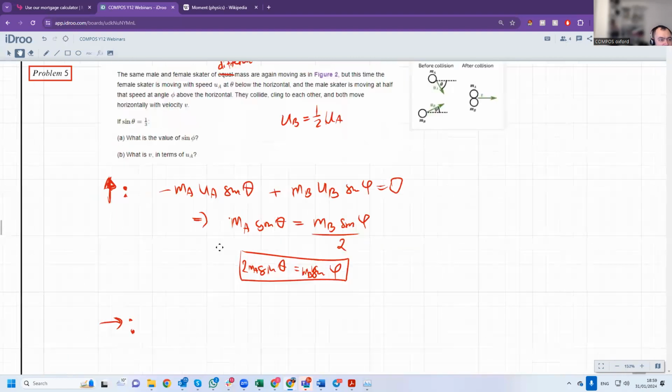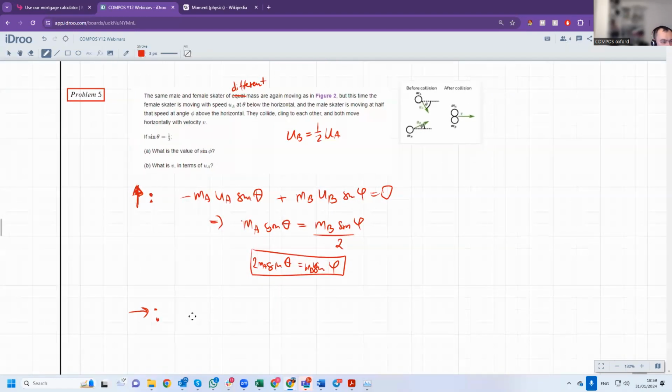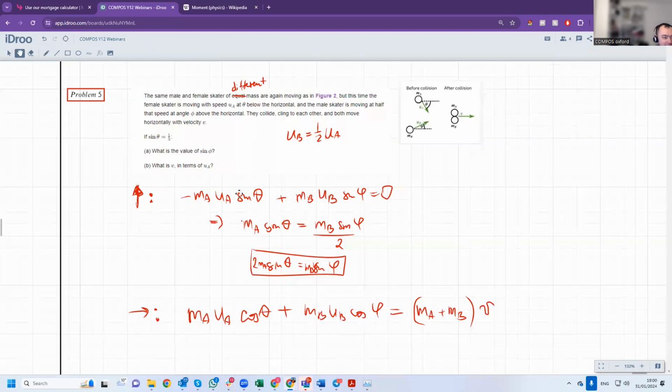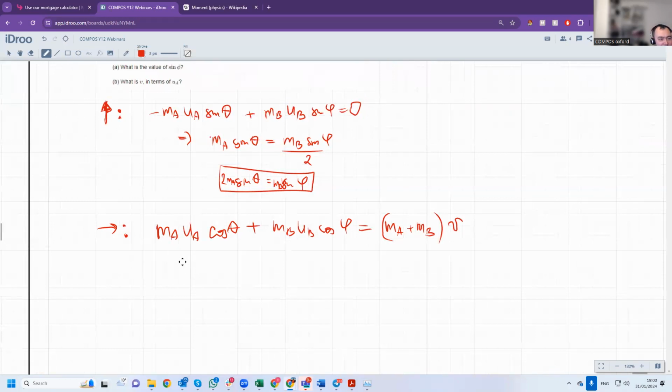Perfect. Now horizontally we have MA UA cos theta plus MB UB cos phi, and then MA plus MB times V. Now we can substitute that in.